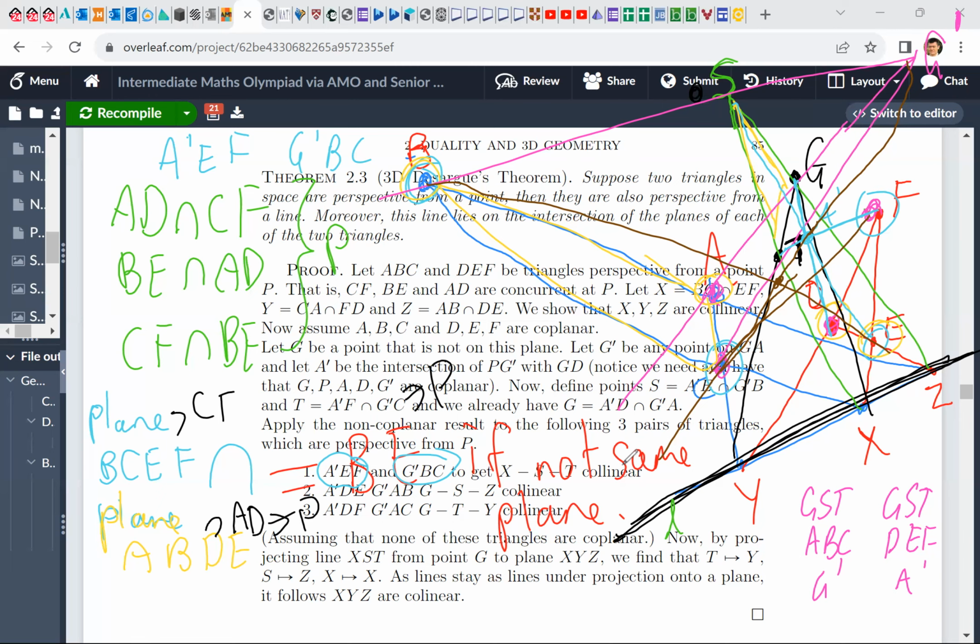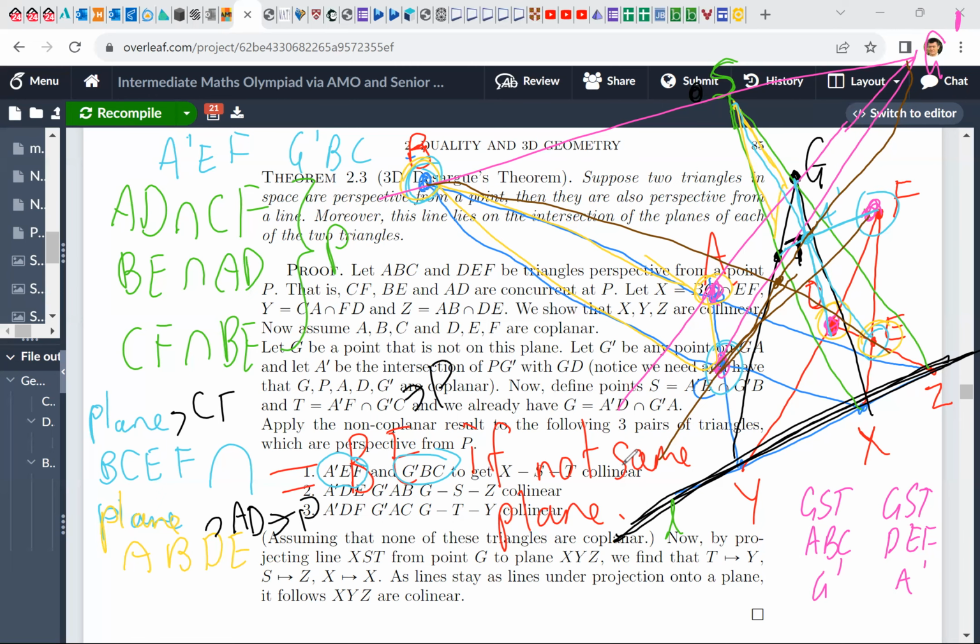This point is on the line A prime G prime. Maybe we can call this point P1.